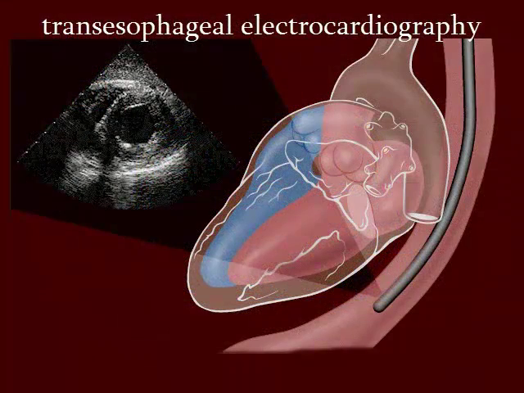This also shows you why we use a technique called transesophageal electrocardiography, or TEE, as an imaging technique for being able to see the heart. Because if we run an imaging tube down someone's esophagus from their mouth, then we can see the heart moving around inside the body, and especially see the action of the valves of the heart much more clearly than we can if we try to go through the chest wall.